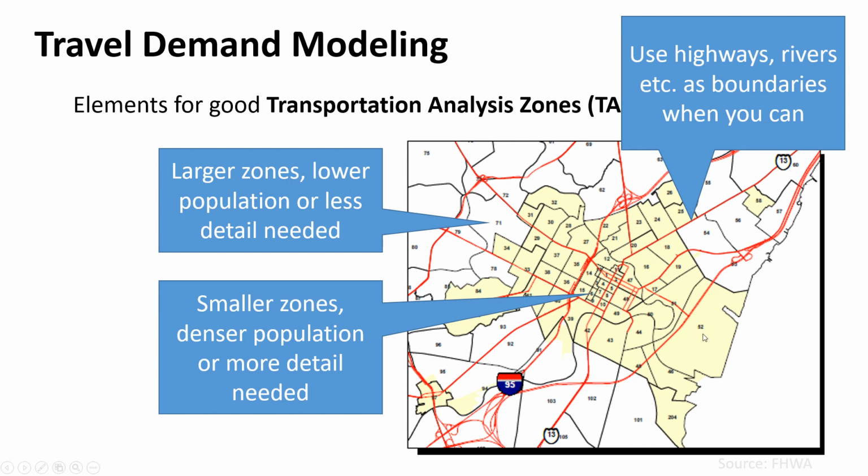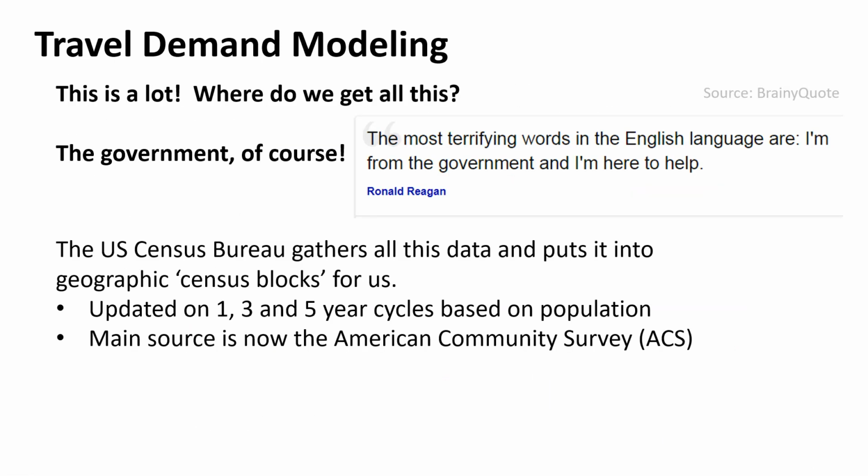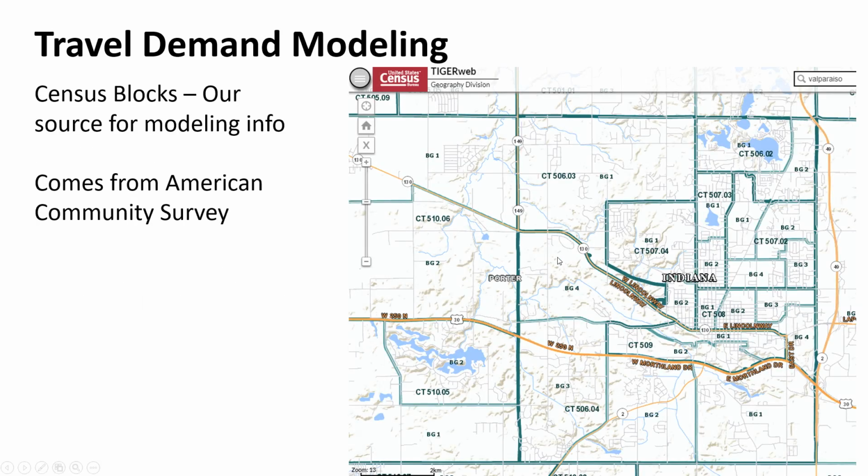So if we have a high population living here in zone 52, and we've got a lot of commercial activity over here in 27, right? We want to know that. We want to know what roads connect 52 over here to 27. What's the capacity of those roads? How fast is it to go through there? How many lanes do they have, and so forth. And we're going to see where we need that further, right? So we started with creating these zones and calculating the data for it.